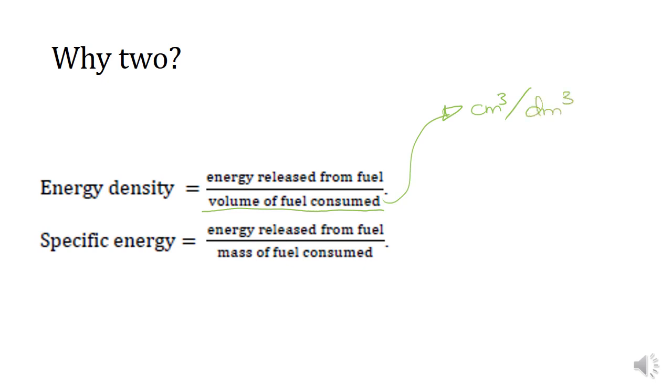And that's super useful for liquids and gases. The mass of fuel consumed, that's far more useful for solids, and that's done in either grams or kilograms or tons or megatons. So that mass of fuel is a much more useful measure for a solid substance.